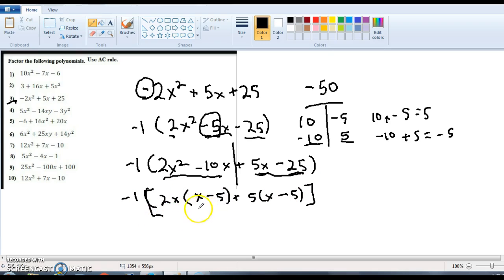Now, if I've done this correctly, I should end up with identical things here and here, which I can then factor out. X minus 5 is common to this piece and this piece, and then I'm left with 2x plus 5.